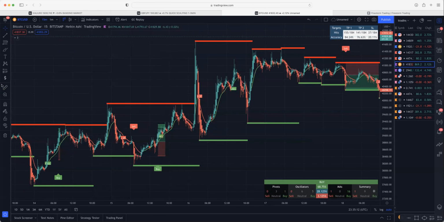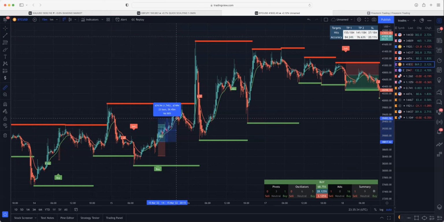Here's another one. You could have just parked your stop loss right at the top of take profit two or take profit one once it met those conditions over the course of 2 hours. So you would have watched it and made sure it was getting close to it over those 2 hours.